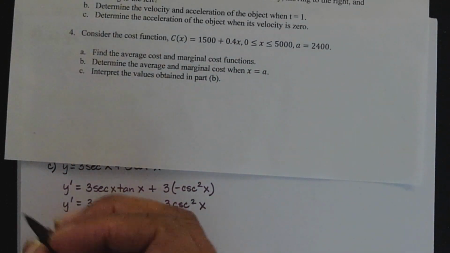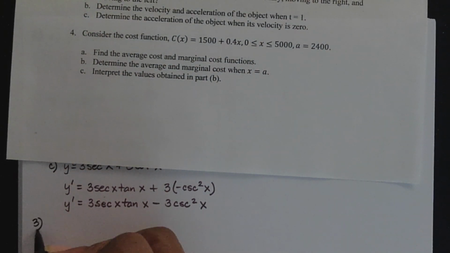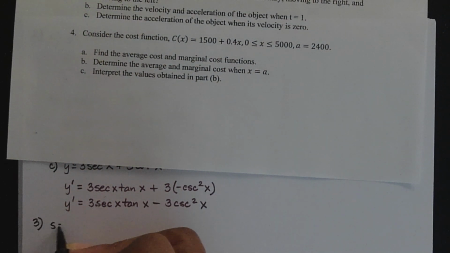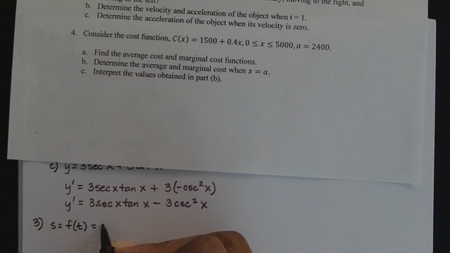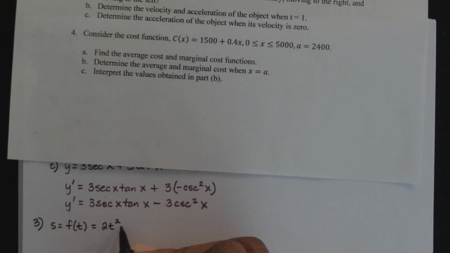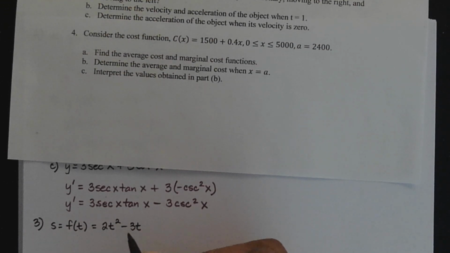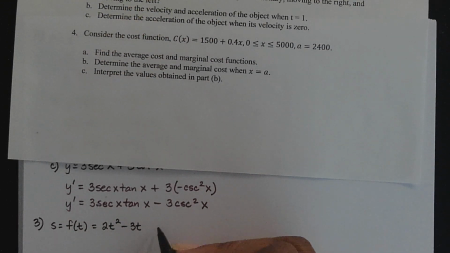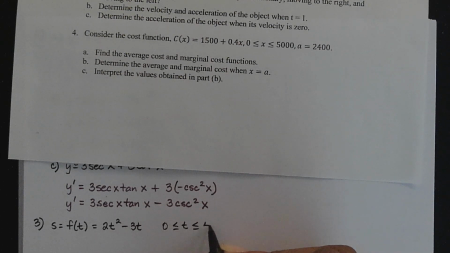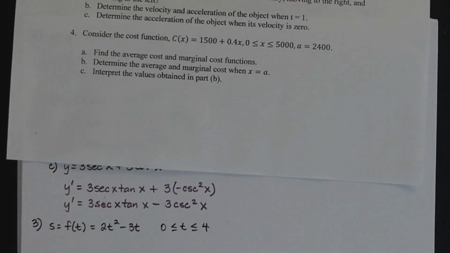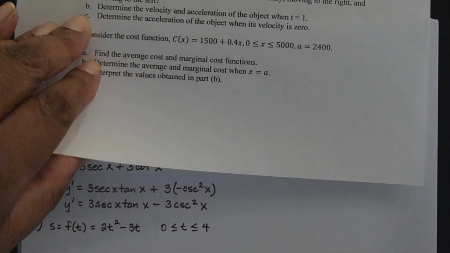All right, so number 3, I'm going to write the position function, which is also f of t. It's 2t squared minus 3t. And we're told that t is between 0 and 4, and that does include 0 and 4. So in part A, they want the velocity function.